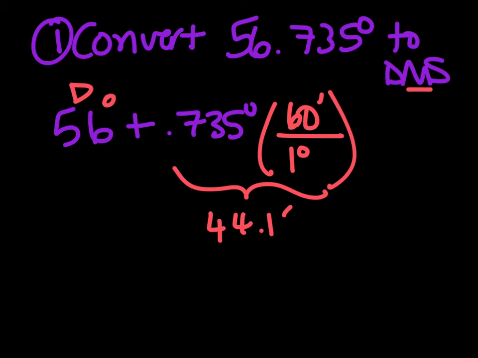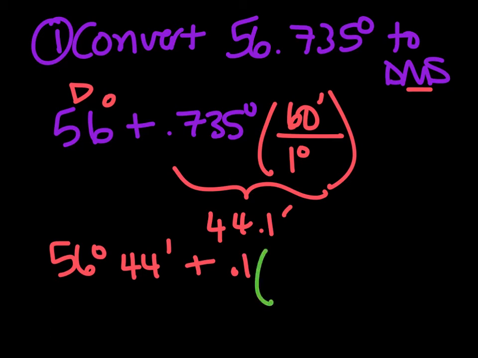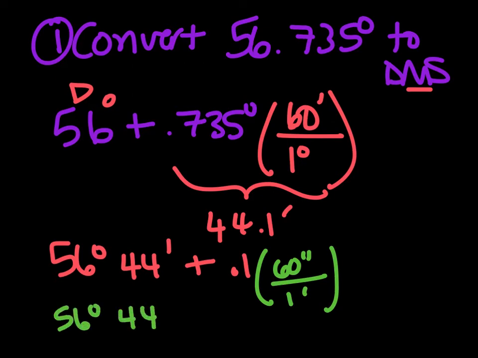And so now I have 56 degrees, 44 minutes, and I have 0.1 as a decimal, and I want to turn that into seconds. So there's 60 seconds in 1 minute. And so that all comes out to be 56 degrees, 44 minutes, and 6 seconds.